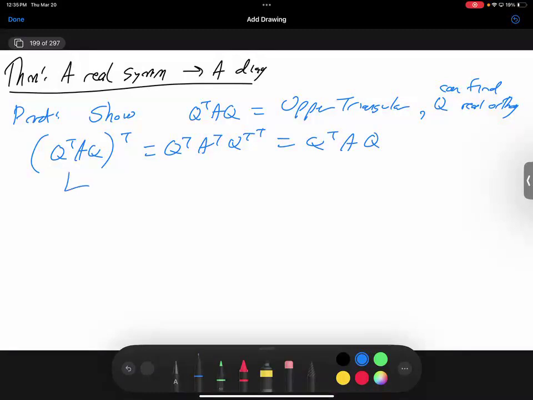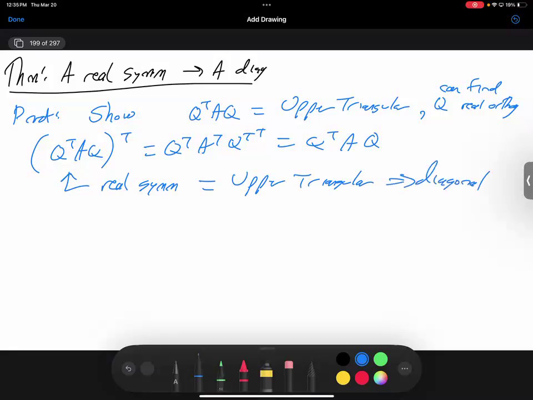So what kind of matrix is this? Real symmetric. But this equals an upper triangular matrix. What's the only type of real symmetric matrix that's upper triangular? Diagonal.